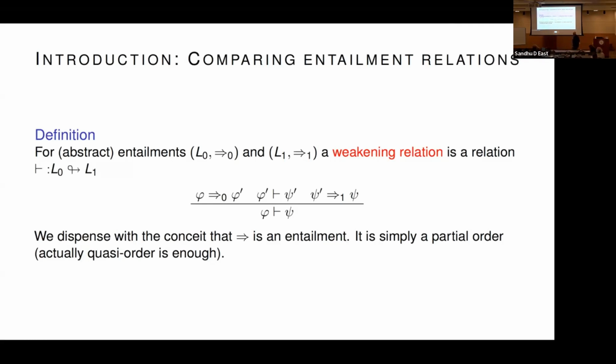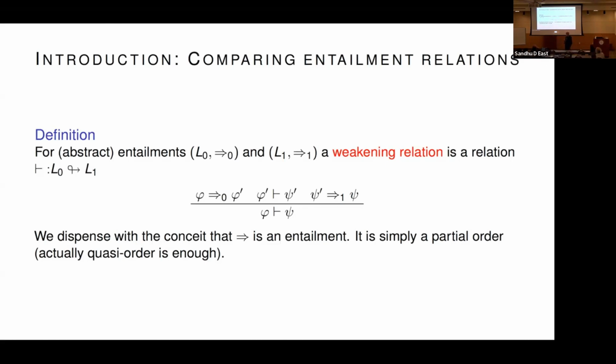Well, so I'm saying that if phi prime entails psi prime, these are in separate languages. Think of psi prime as being sort of a weak paraphrase of phi prime.